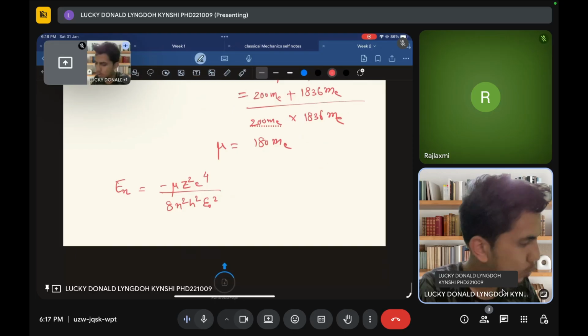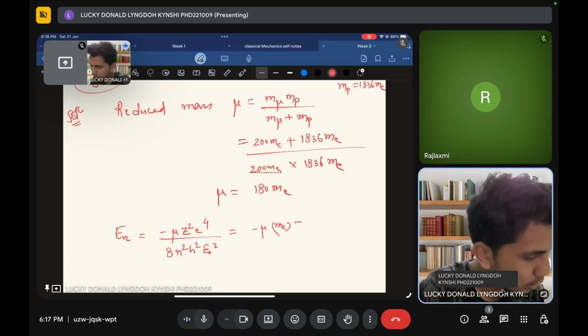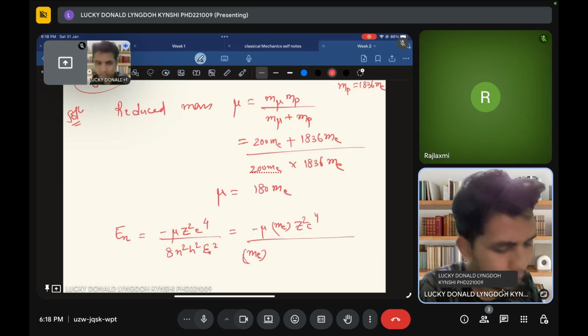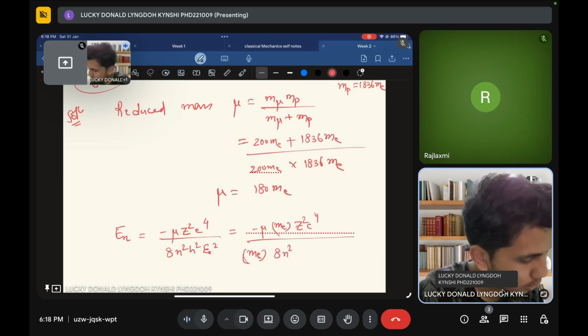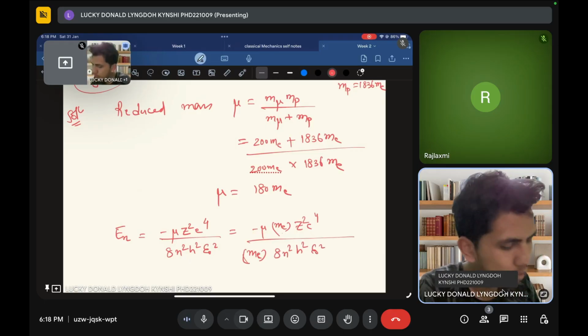So now what we can do is that we can also replace this minus of mu. Okay, you can add mass of the electron here, minus mass of electron z square e to the power 4, and here also mass of electron, such that the numerator and denominator will get cancelled, right? So we get 8 n square h square epsilon naught square. So this term, minus m z square e to the power 4 over 8 n square h square epsilon naught square, is what?